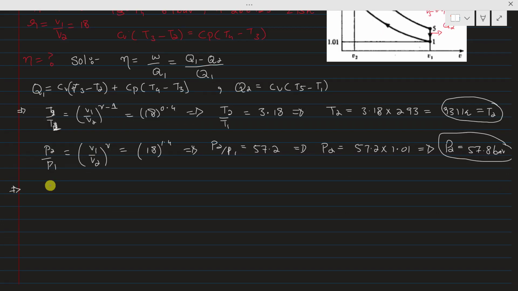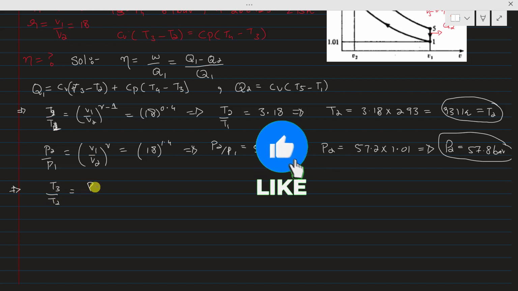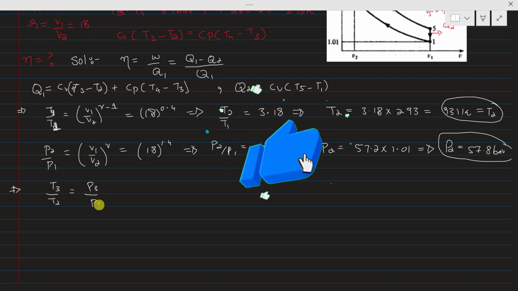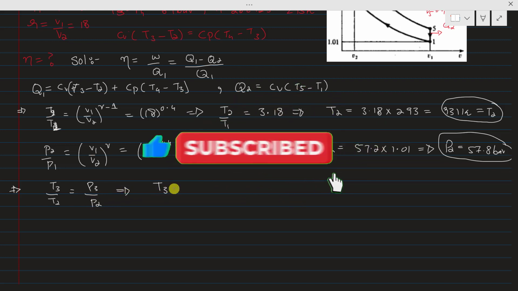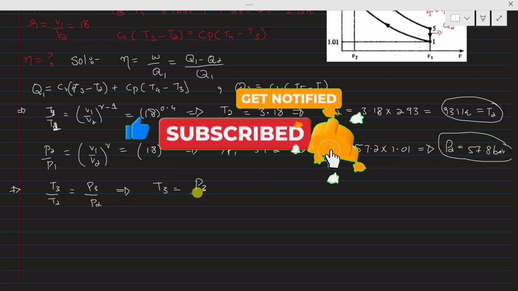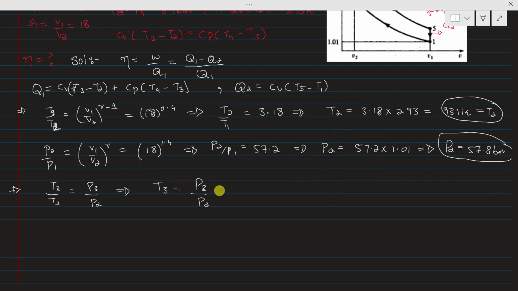Now from process 2 to 3 there is a constant volume heat addition process, so the temperature and pressure have a direct relationship. So I can write T3 divided by T2 is equal to P3 divided by P2. So the T3 value will be equal to P3 divided by P2 multiplied by T2. So what is P3?